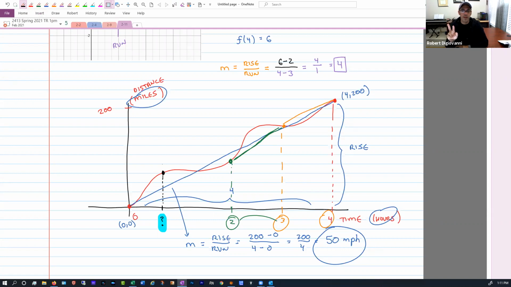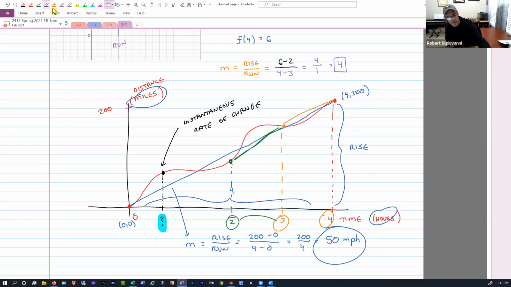Average rate of change requires 2 points and you have an interval, as opposed to me asking you what's going on here, which we call the instantaneous rate of change. Big difference.